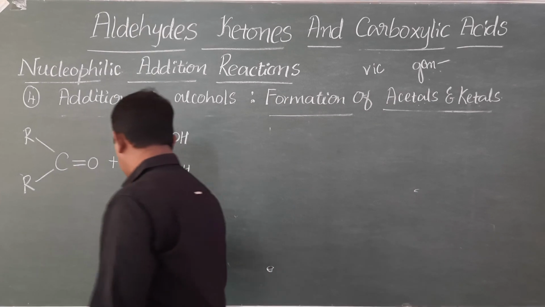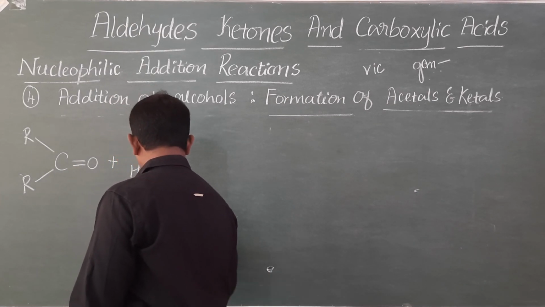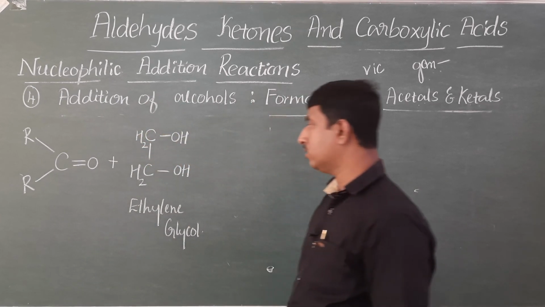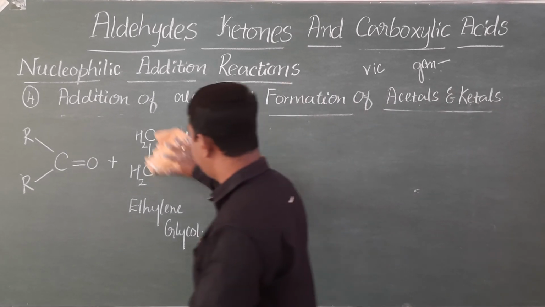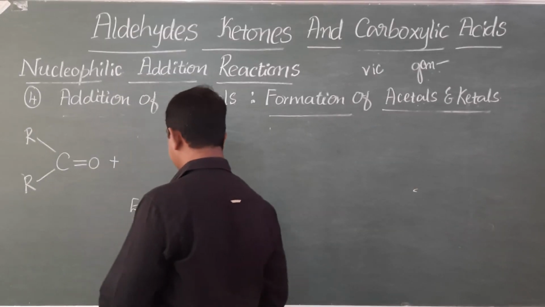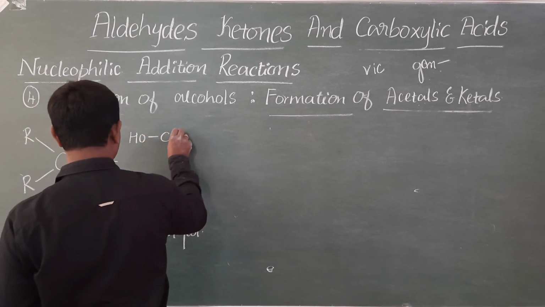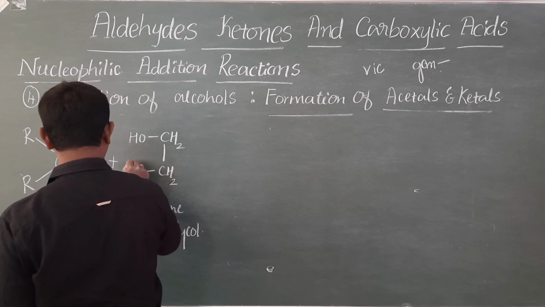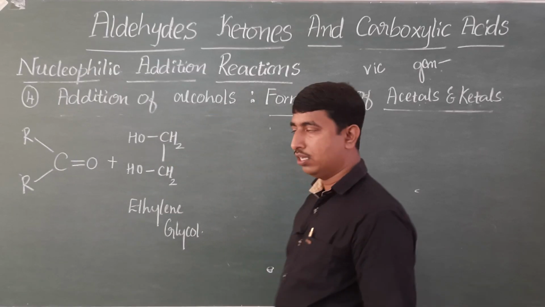Name of this alcohol, ethylene glycol. This alcohol is called as what? Ethylene glycol. I will write the formula in the reverse direction. It is HOCH2, again it is HOCH2. Ethylene glycol.